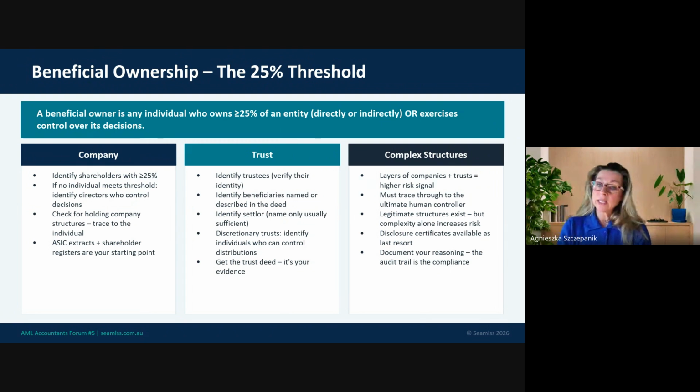Well, no, but this is where the 25% threshold applies, right? So it's 25% threshold and above. You do not need to go below. However, on trust, you may take a risk-based approach, and it all depends what you define in your risk assessment, because risk assessments generally come in two forms.